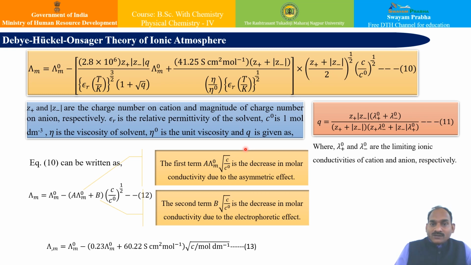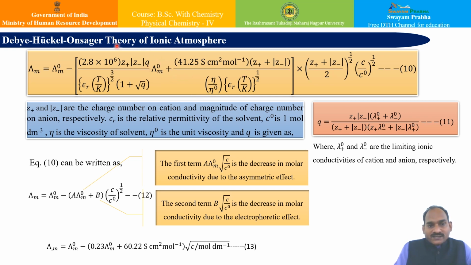Particularly, Onsager derived this equation, equation number 10, for the molar conductivity of a very dilute solution of a strong electrolyte. Although it looks like a very complicated equation, it is very simple to understand in this particular expression.